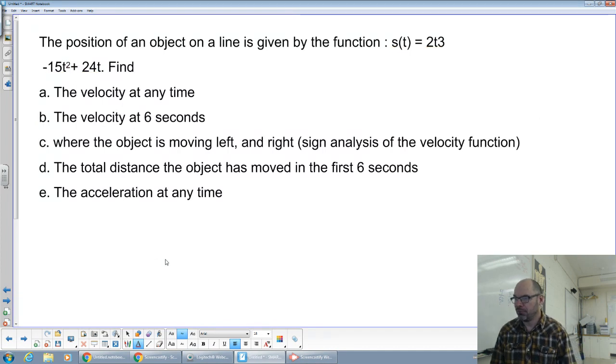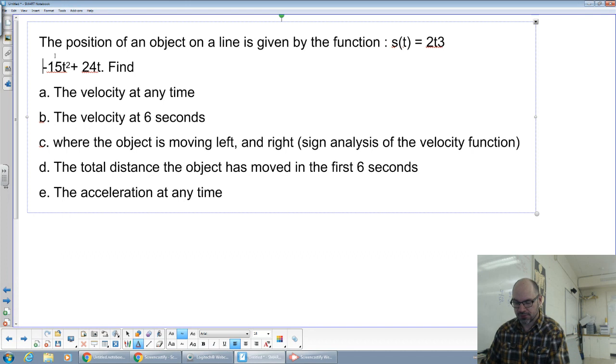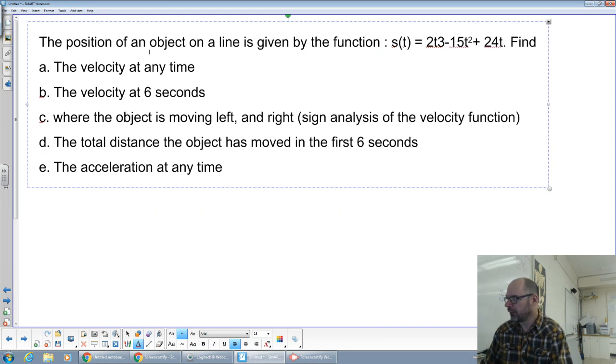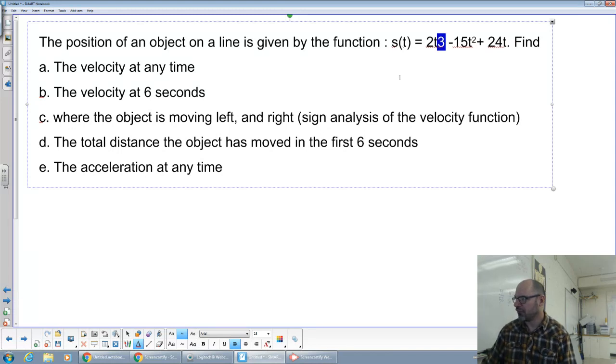Okay, so the position of an object on a line is given by the function s. Let's get that all into one line here. Cubed. There we go. Cube up there as well. s equals 2t cubed minus 15t squared, okay, plus 24t.